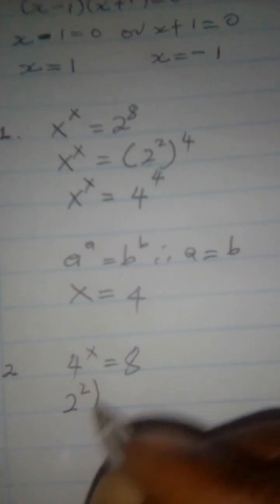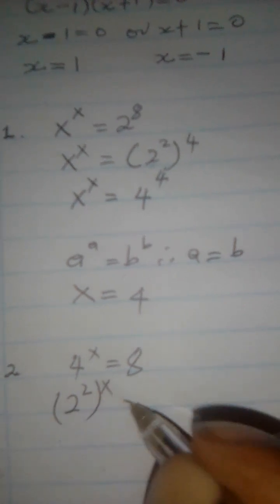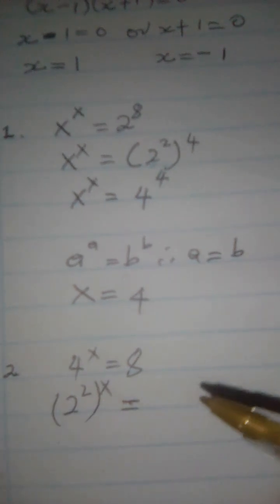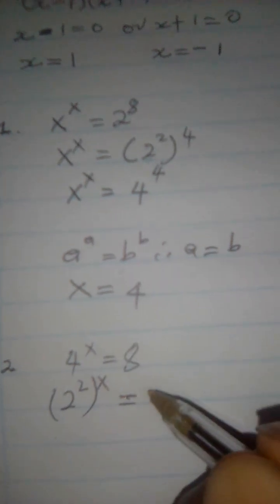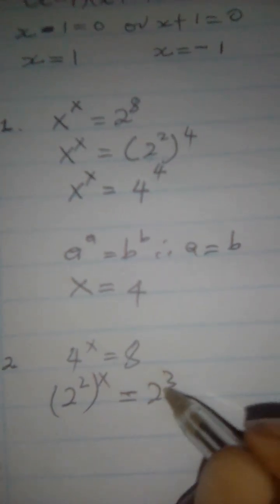Problem number 2. 4 raised to x equals 8. The next step, we're gonna rewrite this 4 raised to x as 2 raised to 2x, which is equal to, and 8 can be rewritten as 2 raised to 3.